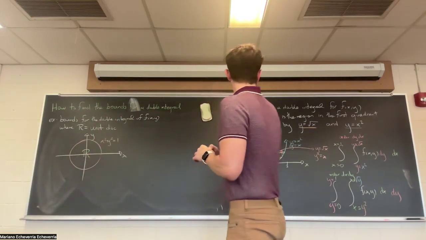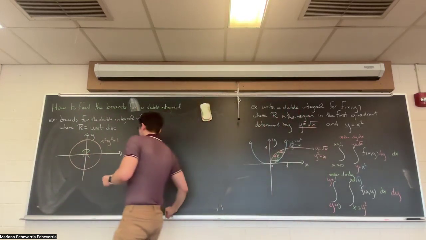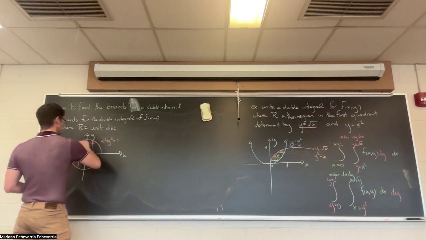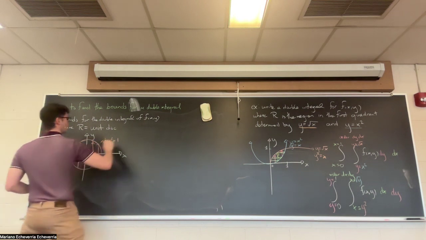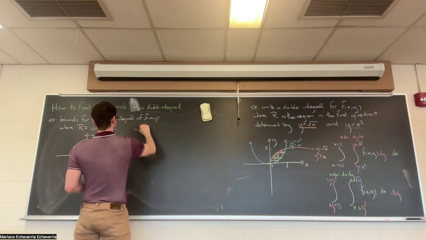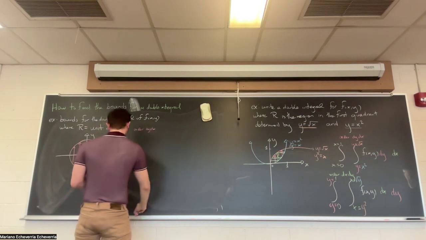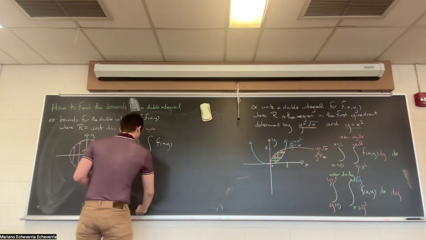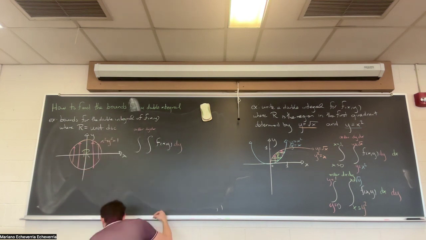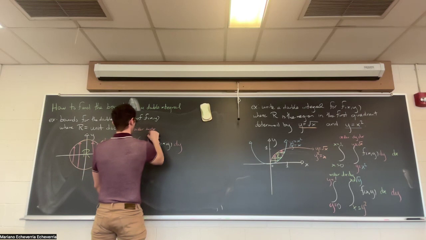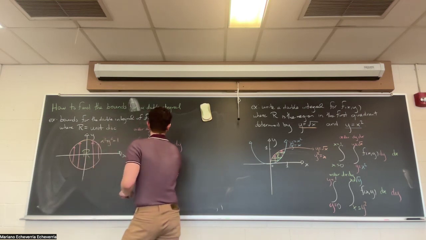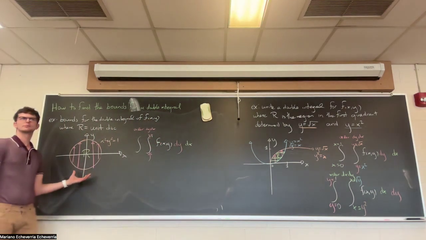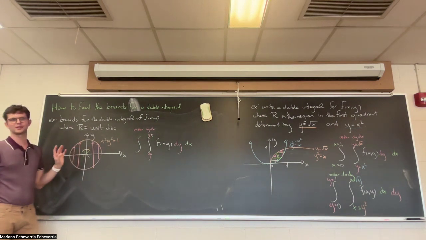Again, there are two ways to set it up. If you want to do the vertical order, you draw the arrows like this. So if you do the order dy dx, for the y bounds, the arrows go from the southern hemisphere to the northern hemisphere of the circle, right?